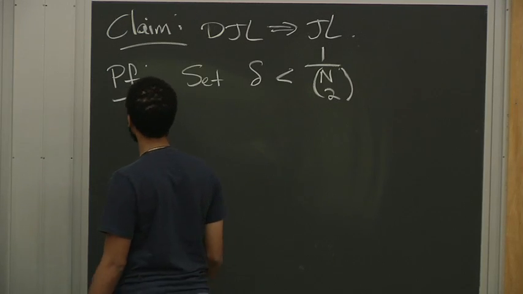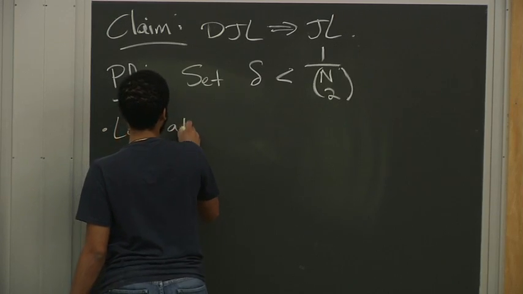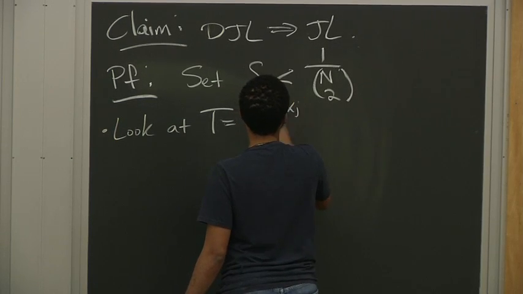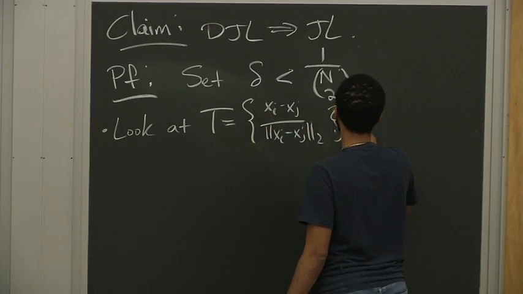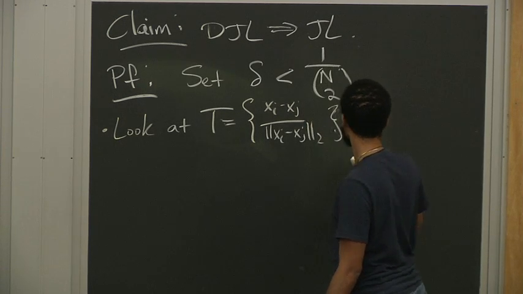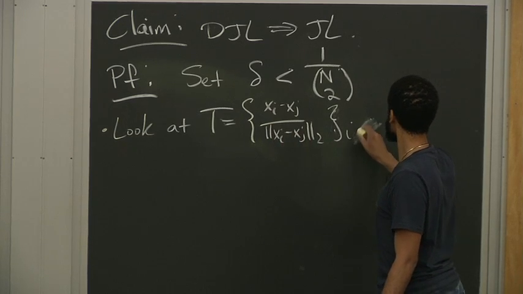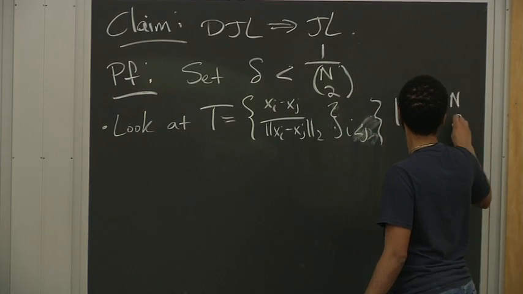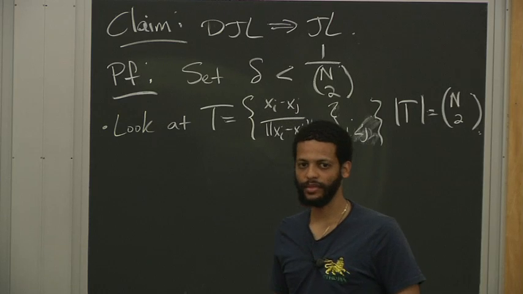And look at the set of vectors T, which is xi minus xj over the norm of xi minus xj, say i less than j. Notice that the size of T is exactly n choose 2.